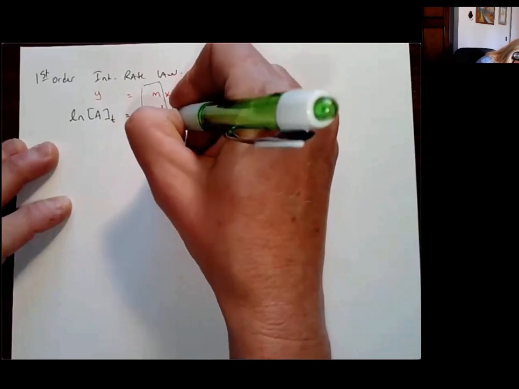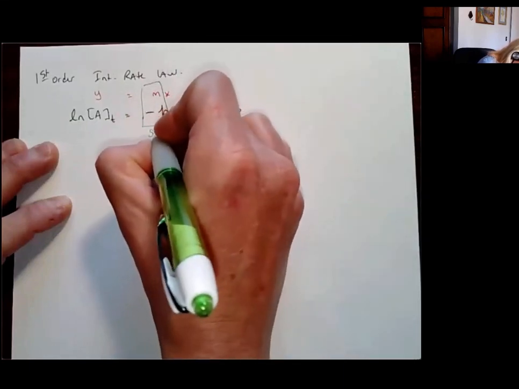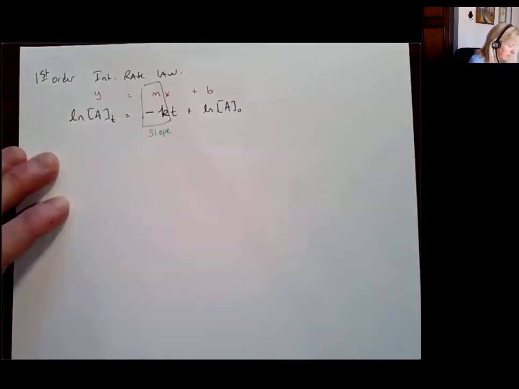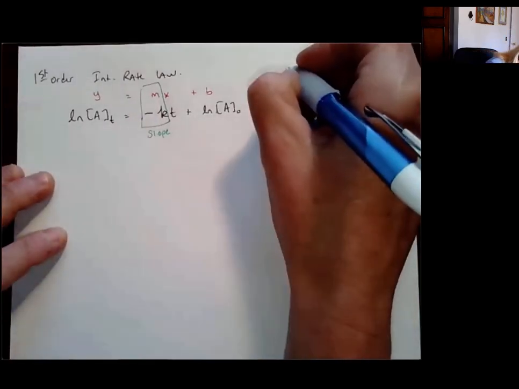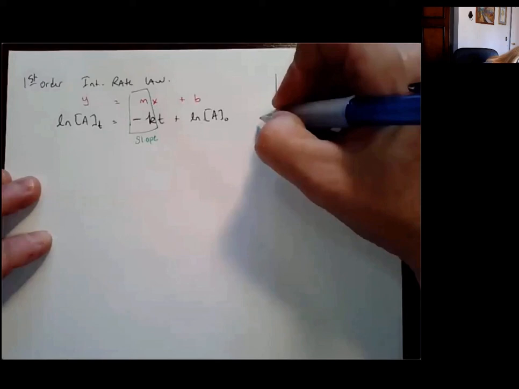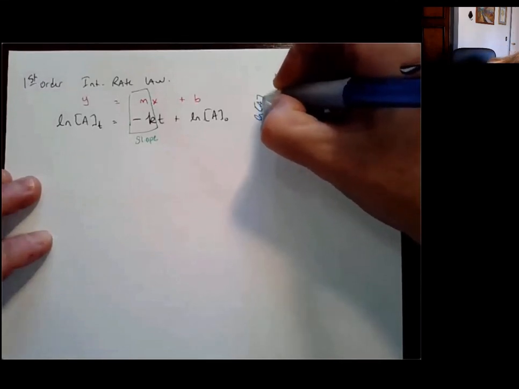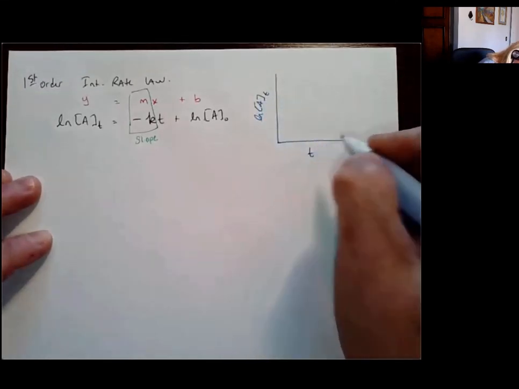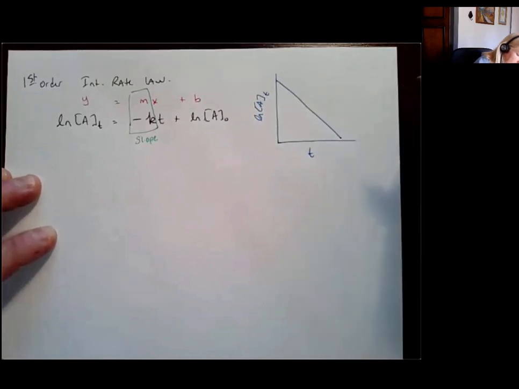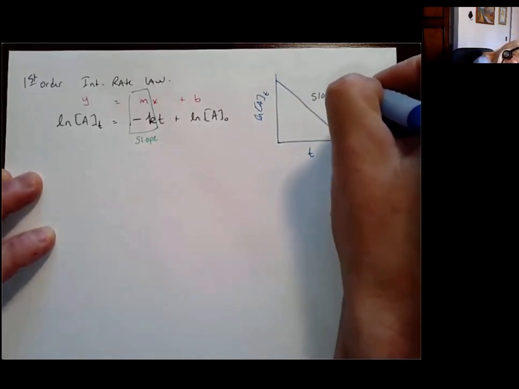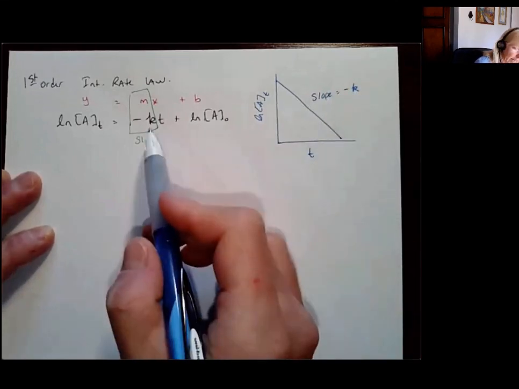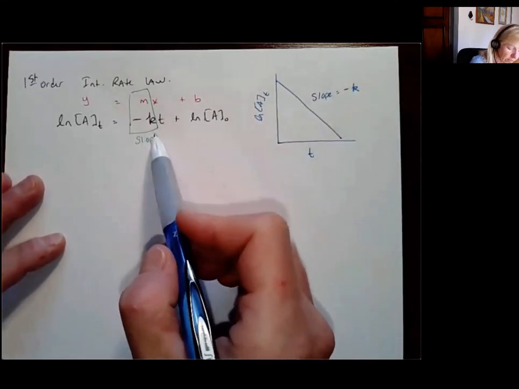So oftentimes we'll graph these to get this slope here, which is going to give you the rate constant. So this graph of this would look like this. This would be ln of A at time t. This would be t. My graph's going to look like this. I'm going to have a negative slope, so my slope equals negative k, which makes k constant. So k is always going to be positive.